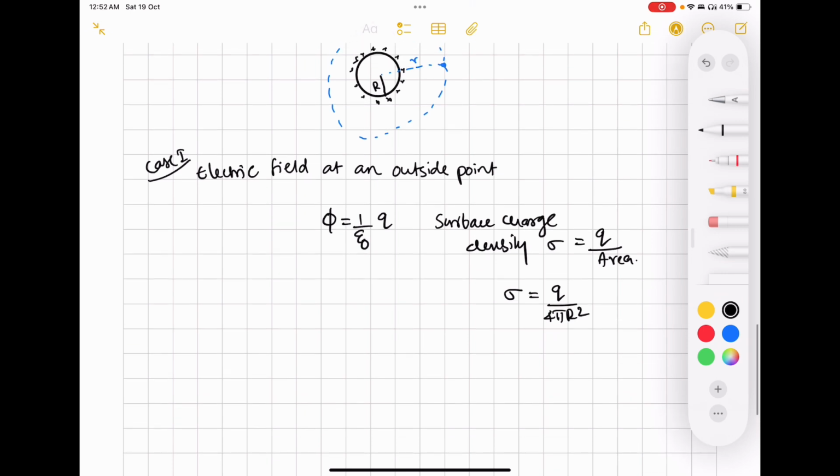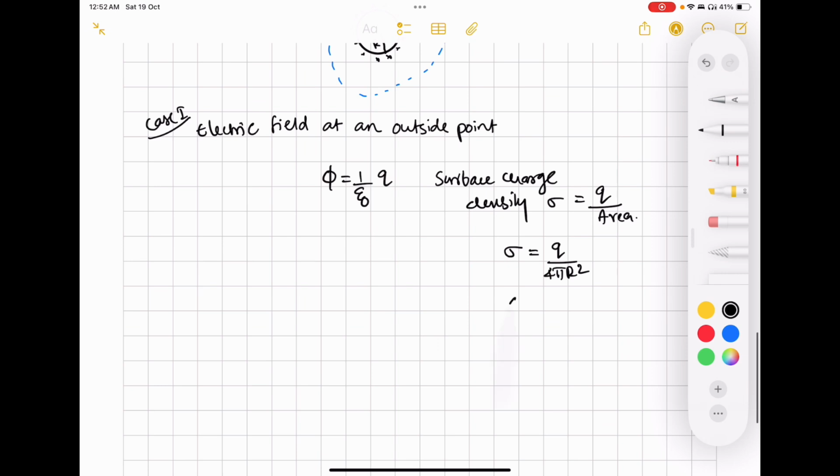So this is the area of the smaller sphere. So we can write q is equal to sigma into 4 pi capital R square. We can substitute this q here. So phi is equal to 1 by epsilon 0 sigma 4 pi capital R square.